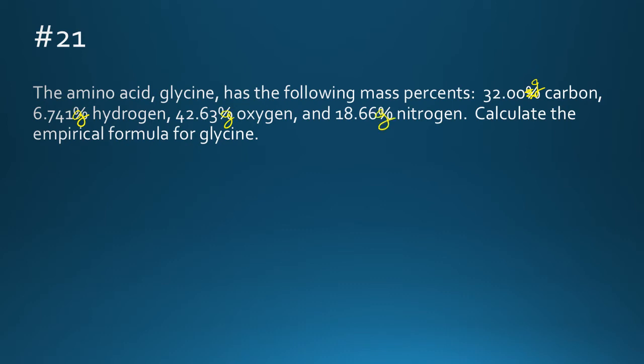But I still need to do the reading thing to make sure, because one of the common things that happens is one of these particular elements is listed, but they won't give you a percentage for it because, make your life more difficult. You have to recognize the fact that out of 100%, all of these things have to add up to 100. So what is your first step? Correct. Convert each one of these to moles. So go ahead and pause the video and you do that and see how you do.